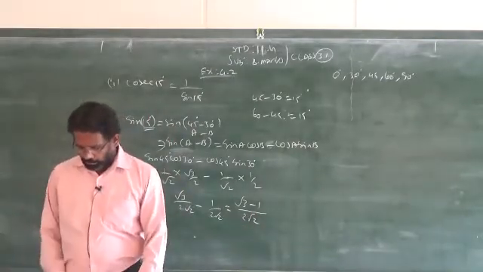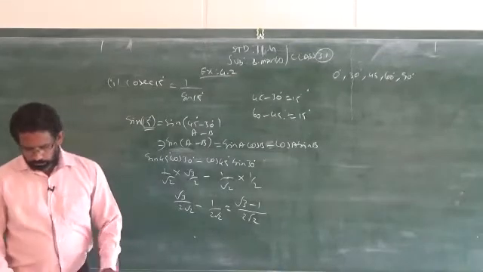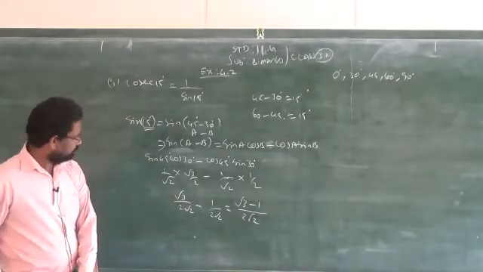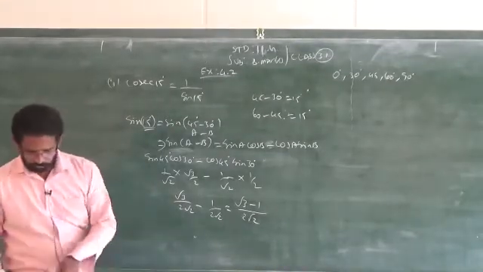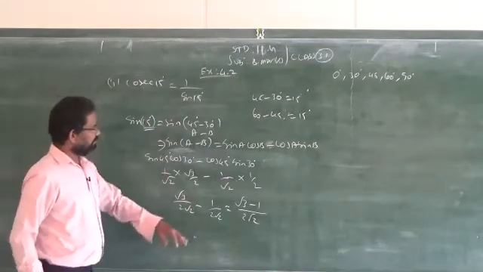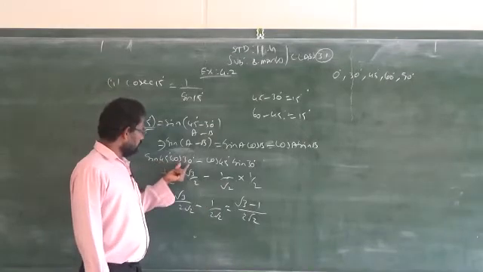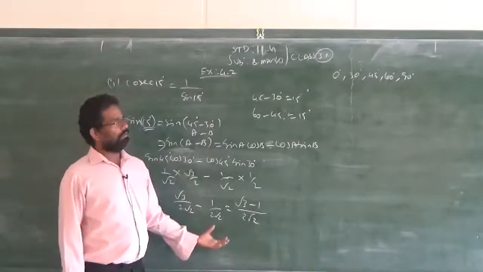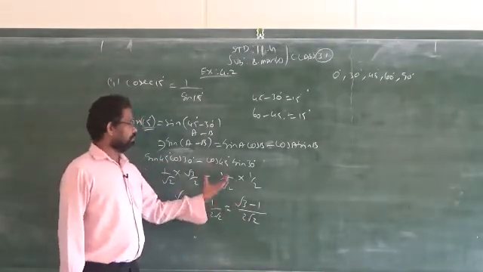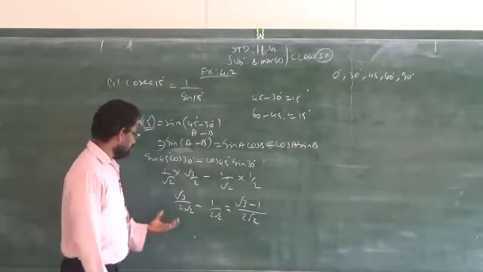So, this is your required answer. Clear? So, you have to refer to the tabular column that you studied earlier in the lower classes. What is the value for sine 45 cos 30? Refer to the tabular column. You know the tabular column very well. So, refer to it and substitute, you will get the answer.